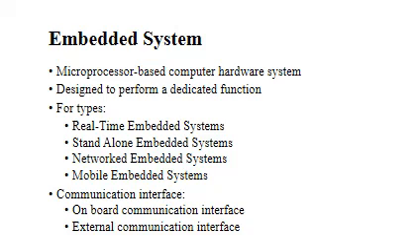The external communication interface can be either a wired media or a wireless media. It can be a serial or a parallel interface. Examples of external communication interfaces are infrared, Bluetooth, wireless LAN, radio frequency waves, etc.